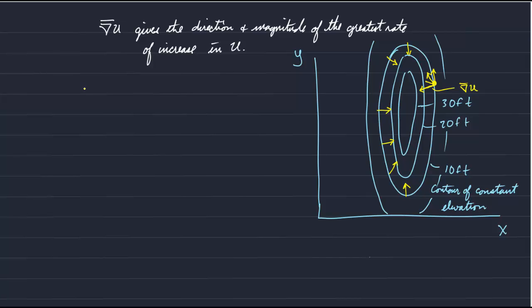And so the other thing we can note is that the magnitude of grad u is smaller where the contours are farther apart, right? So for example, down here, the gradient of u is directed perpendicular to the contours, or directly uphill, but the change of 10 feet from this contour to this contour occurs over a larger distance.